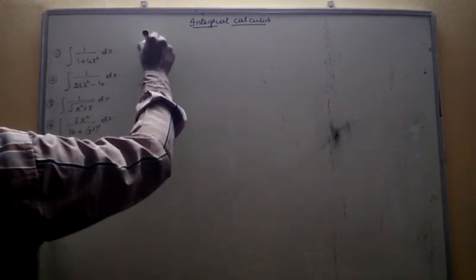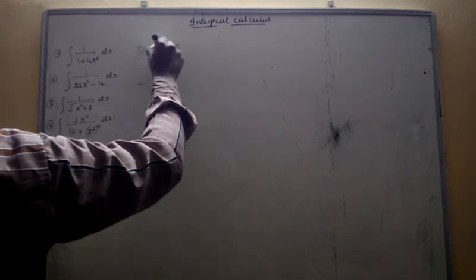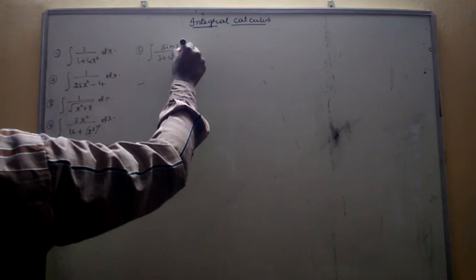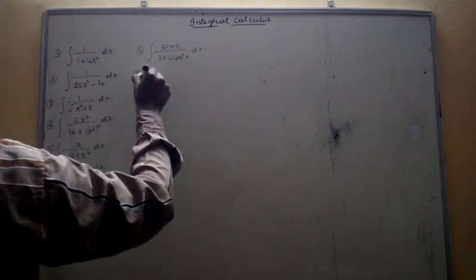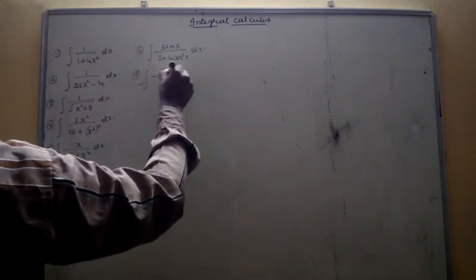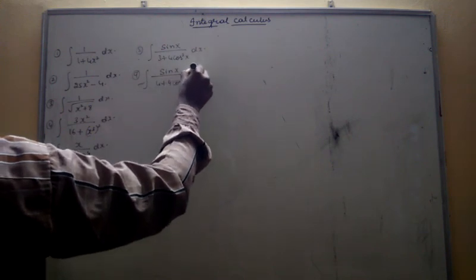Then eighth one, integration of sin x by 3 plus 4 cos square x dx. Then ninth one, integration of sin x by 4 plus 9 cos square x dx.